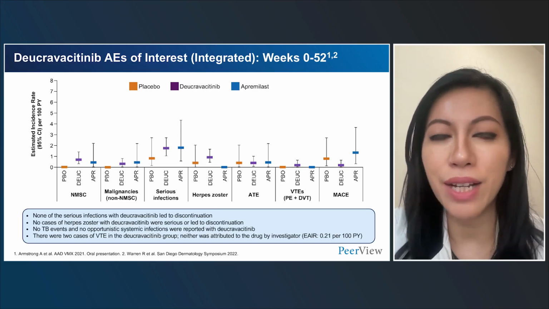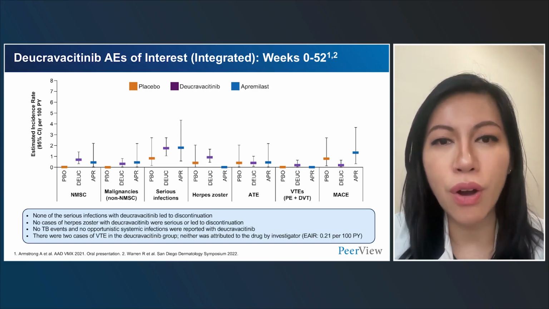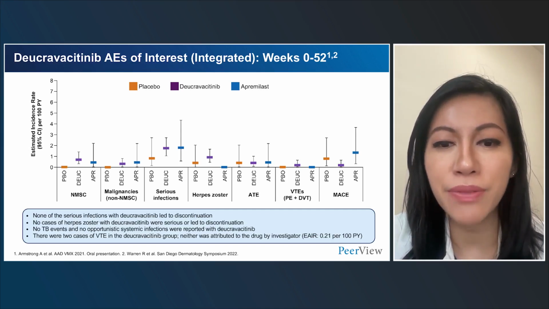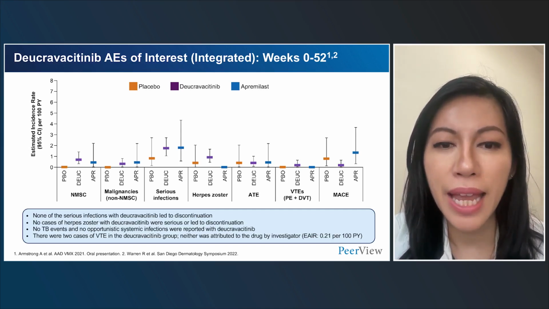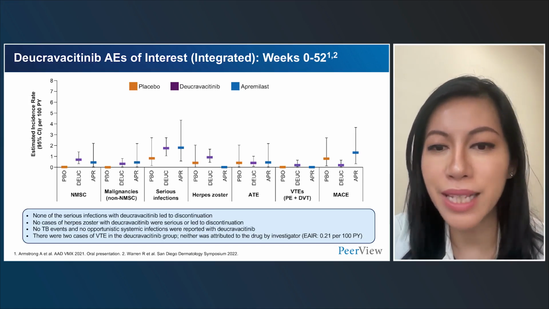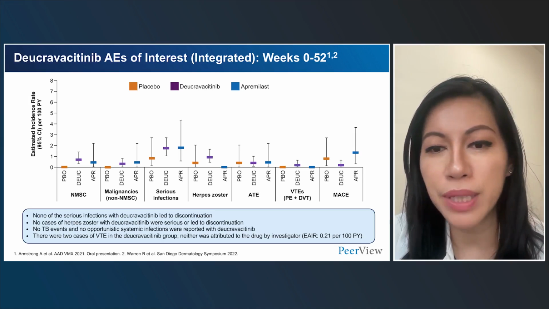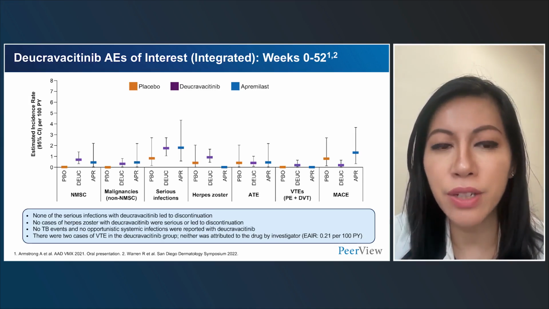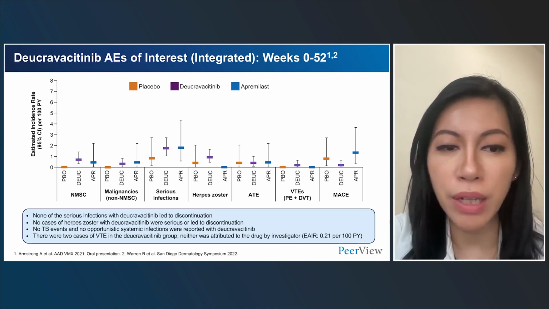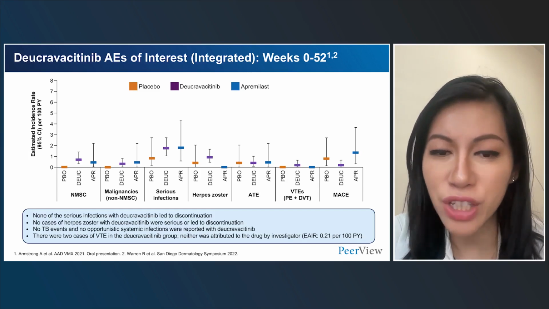What about the safety of deucravacitinib? Overall, what we see is that deucravacitinib has a very good safety profile. And because we have head-to-head comparison with apremilast and also comparison with placebo, overall you see that there's no increased rates of non-melanoma skin cancers, there's no increased rates of internal malignancy, there's no increased rates of serious infections.